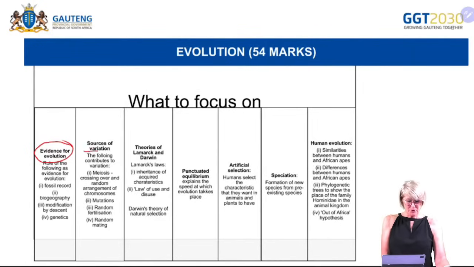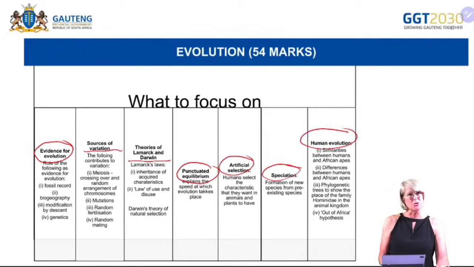Then we're going to look at sources of variation, and remember we spoke about variation in genetics. Then we're going to look at the theories of Lamarck and Darwin. Then we'll have a look briefly at punctuated equilibrium. We're going to look at artificial selection, speciation, and then Klantler will carry on with human evolution with you.